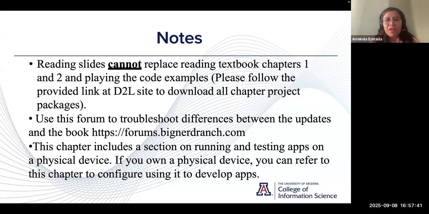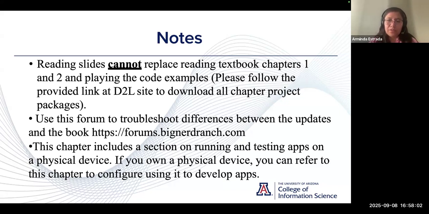So where do we go? We can go into forums.bignerdranch.com. This is pretty much a forum where other developers are updating those codes and showing the differences. Notice that this chapter includes a section on running and testing apps on a physical device.